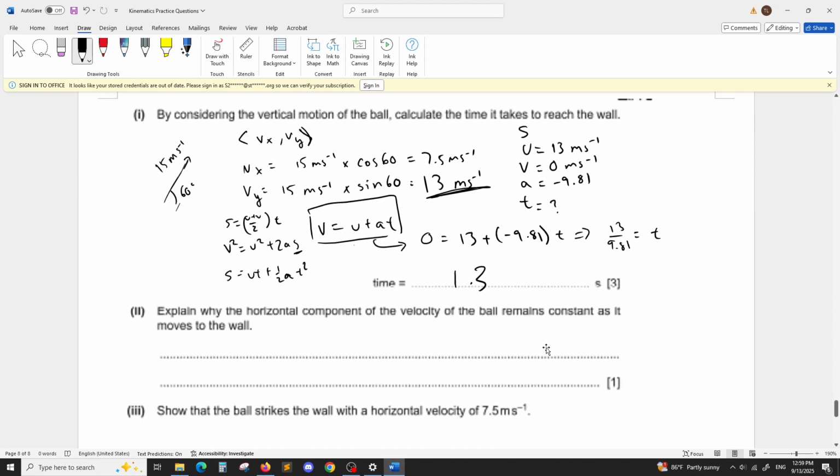Explain why the horizontal component of the velocity of the ball remains constant as it moves toward the wall. There is no resultant force affecting the horizontal component.